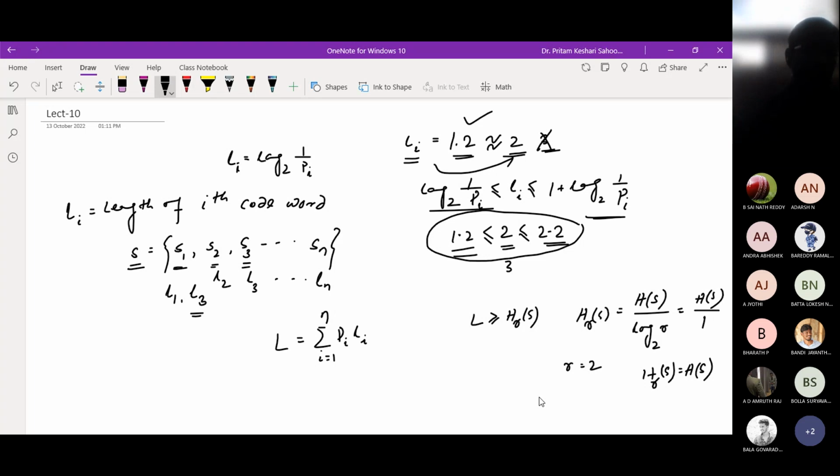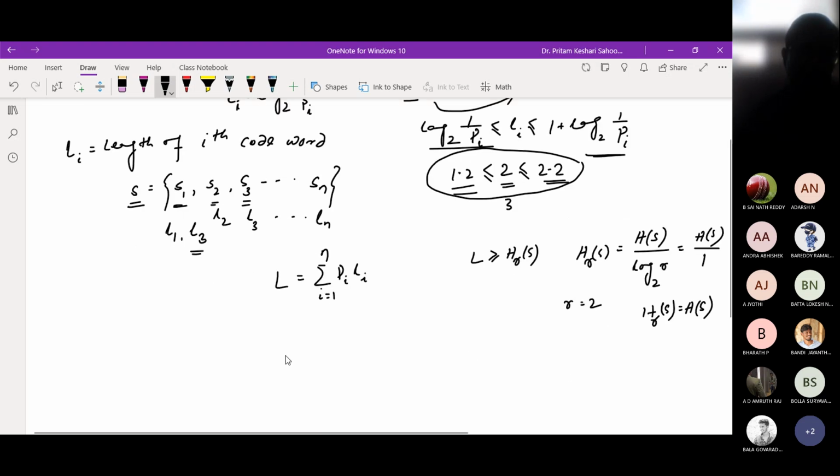Now, H of S, we know, represents the average information, which is called the entropy, which we can express as the summation from i equal to 1 to n of p_i log base 2 of 1 divided by p_i, having the unit bits per symbol.